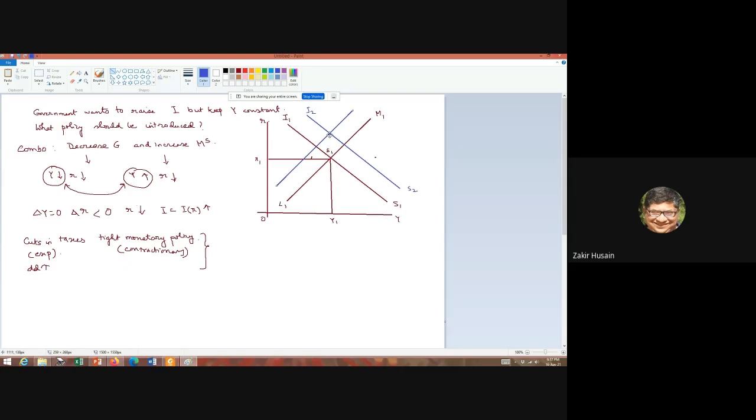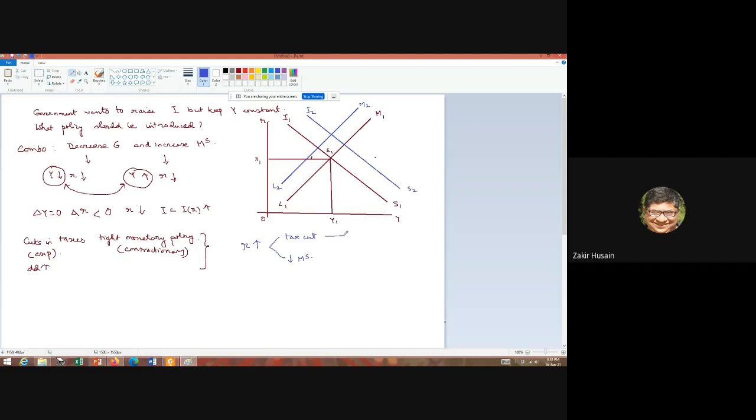So what is happening is, again, it depends on the magnitude. If suppose the money supply falls just like this, then it can go up like this. But in general, what we can see is the rate of interest is going to go up, because of the tax cut and because of the fall in money supply.